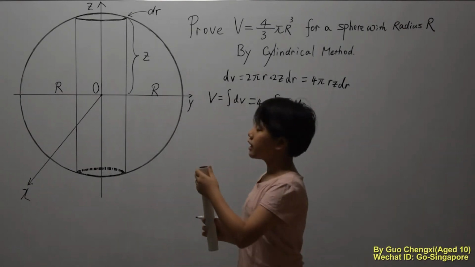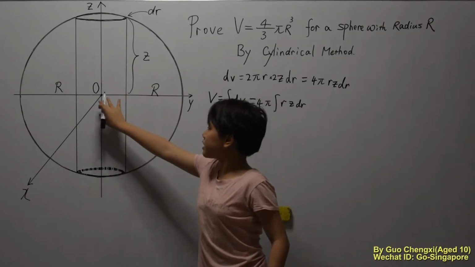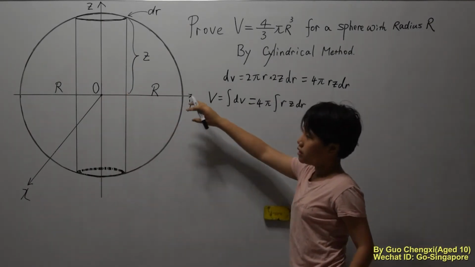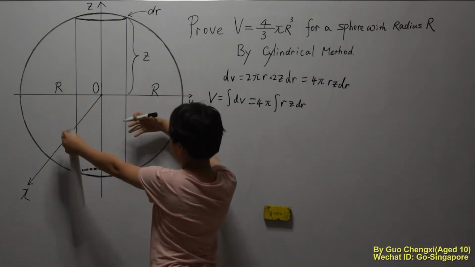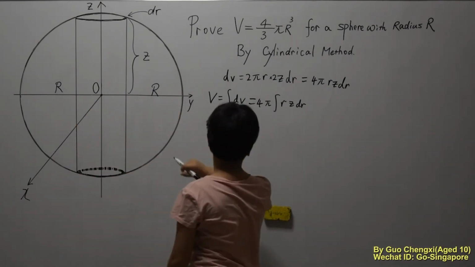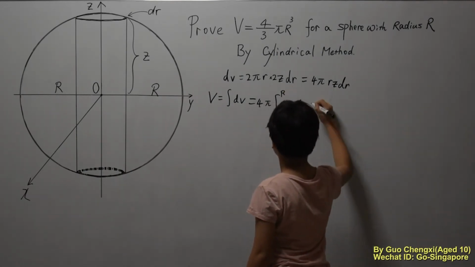The radius can start from 0 basically until capital R. And I told you already, over here it is cylinder by cylinder as it gets bigger. Okay? Alright, so it's from 0 to capital R.